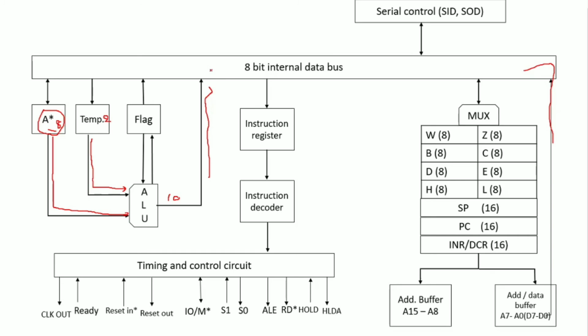Once the value is present in the 8-bit internal data bus, it will again go into the accumulator and get stored in it. So now the accumulator contains the value 10. So I hope that you have understood what the accumulator, temporary register and ALU are and how they perform different kinds of operations. You can also see a flag register here, or it is called the status flag.